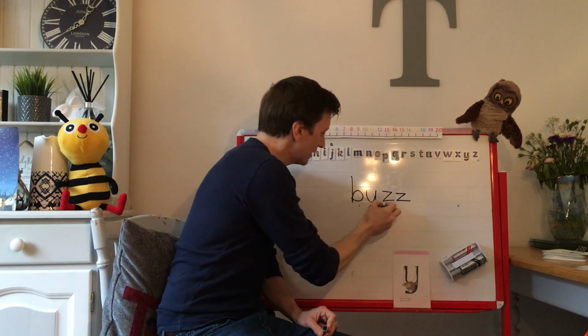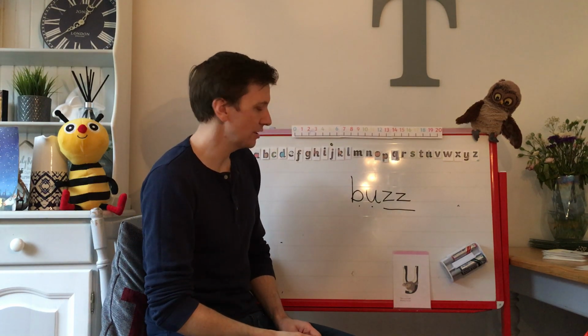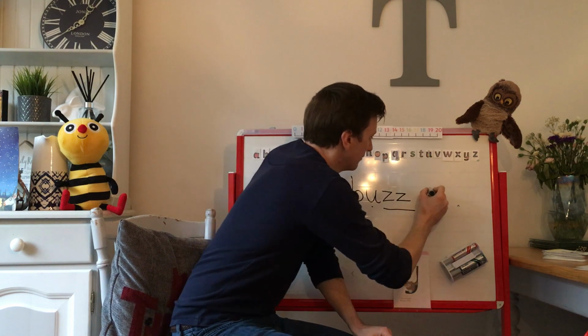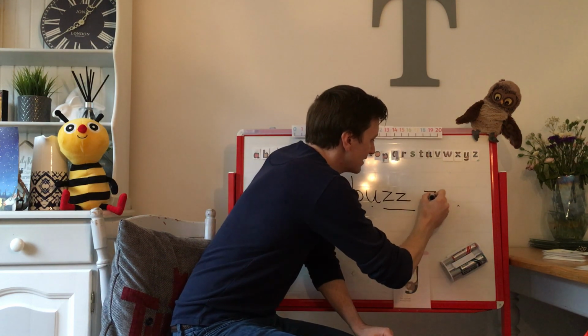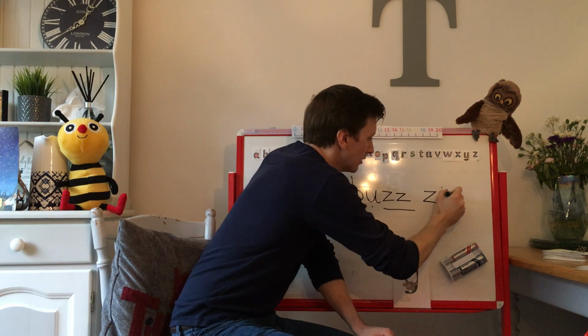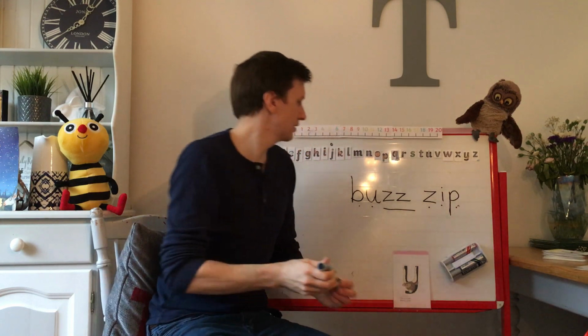Okay. Z. Buzz. Fantastic. And we've already seen that I had a zip. Zip. Zig, zag, zig. Down the insect's body. Dot the head. Down the pirate's plait. Up and around his face. Zip, zip, zip.